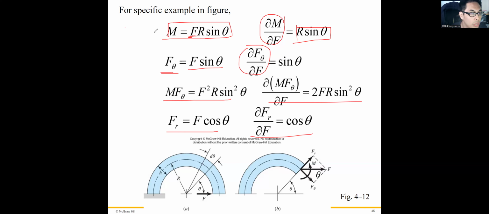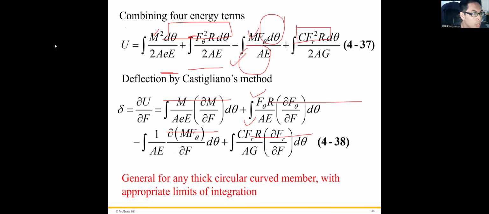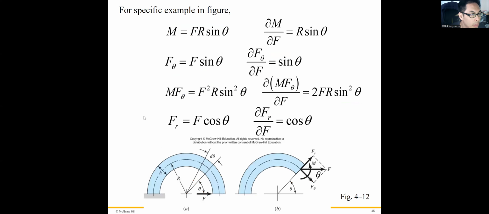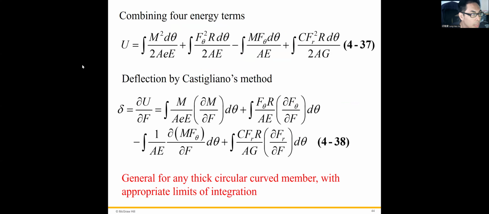So we can plug those terms into the strain energy equation, into the deflection. We can plug all those terms into the deflection: this term, this term, this term, and this term.